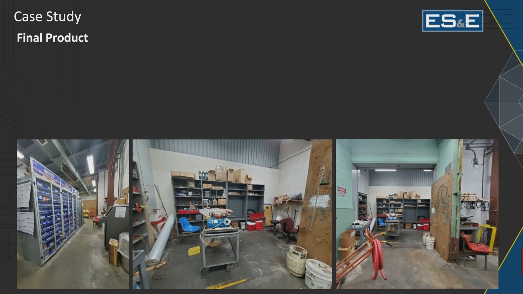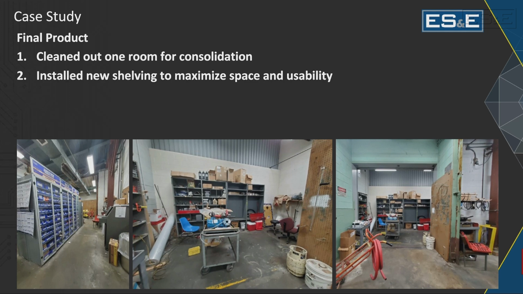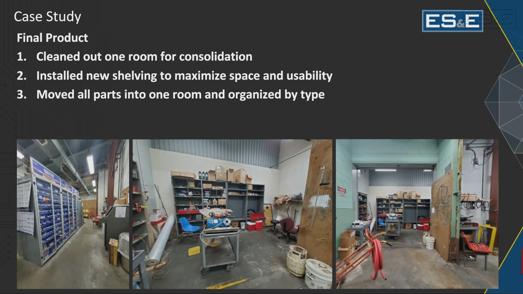What we did for them is we cleaned out that one big room, and then we installed new shelving. Everything came out, and we lined the walls with shelving and then added more. Then we took all the parts from all 3 locations, installed them all at the same time, and organized them by type.